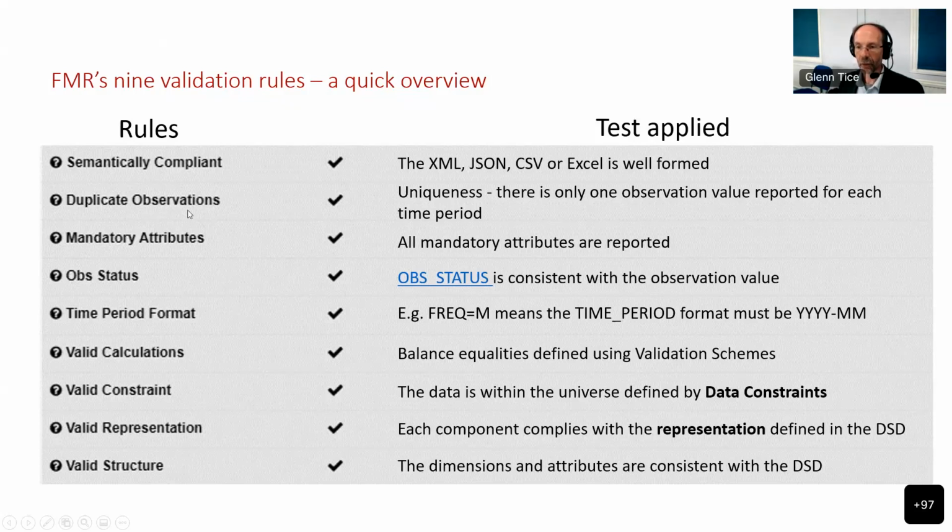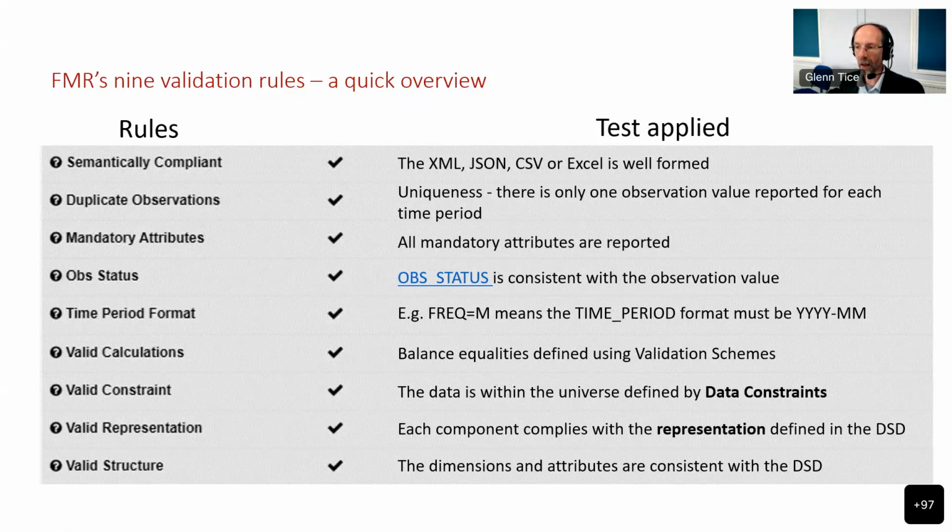So the second rule concerns observations and uniqueness of observations. What this checks for is that there is only one observation value reported for each time period. So if I were to report the same time period twice with different observation values, then that rule would report an error, because there's obviously an inconsistency in the observation values which are being reported.